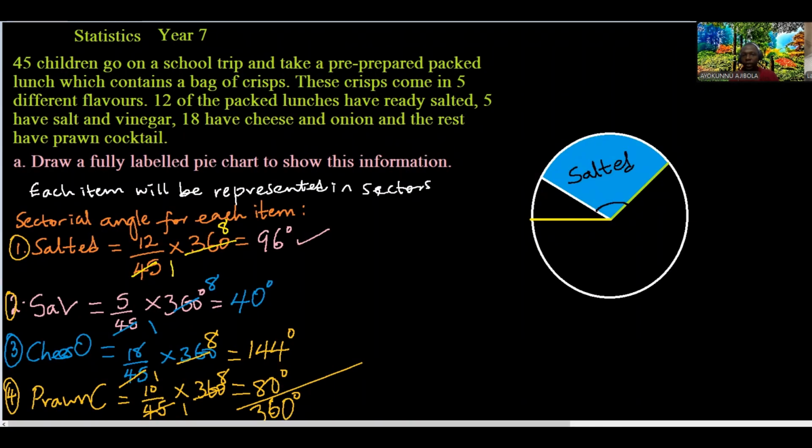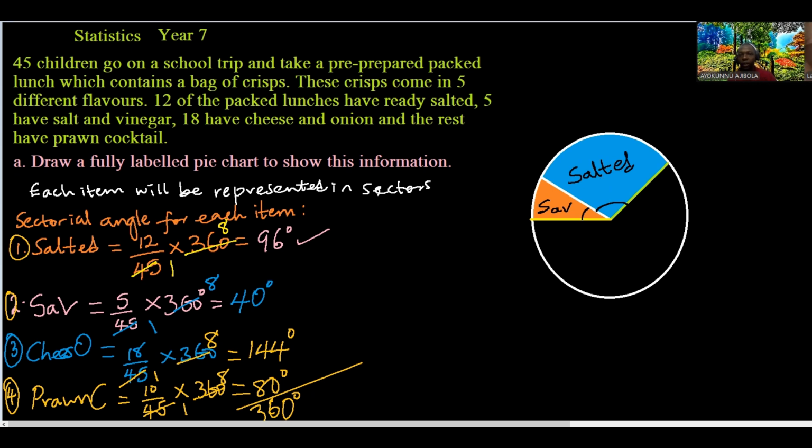Let me represent this with another color for 40 and put salt and vinegar. So I label this SAV. That's the portion for salt and vinegar.